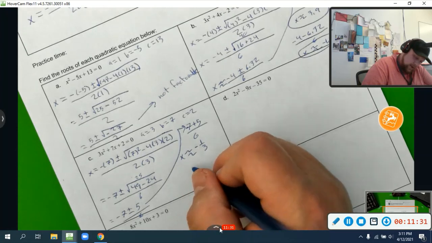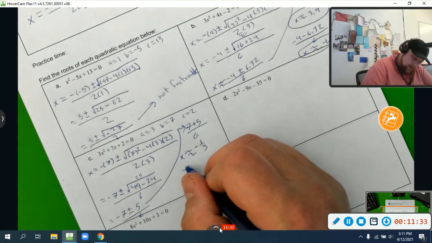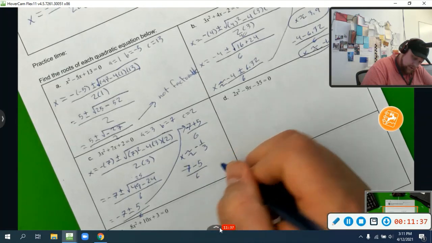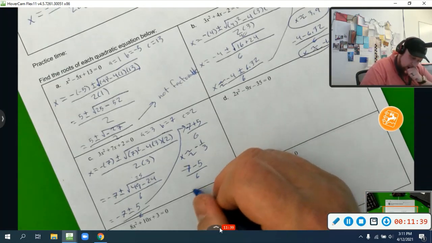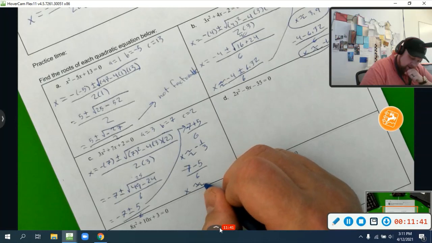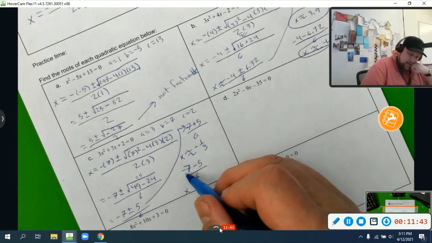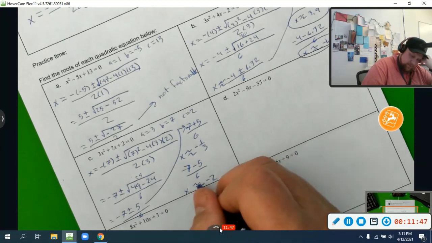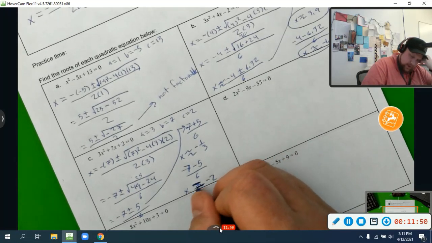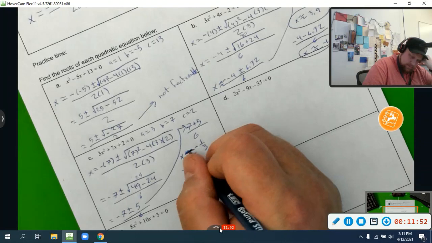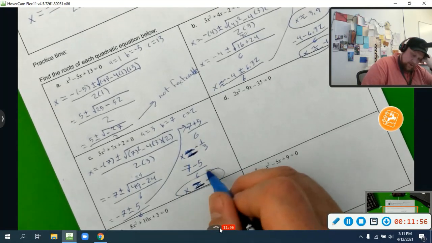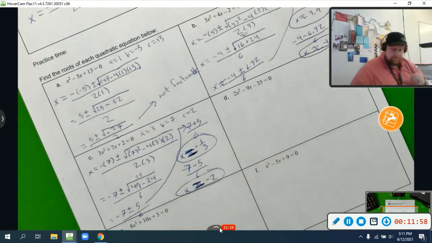And then last, I have negative 7 minus 5 all over 6, which is negative 12. What's negative 12 divided by 6? It's negative 2. So that's actually exact. I don't know why I put approximate. That was my bad. It's an exact answer. So I have x equals negative 2 and x equals negative 1/3.